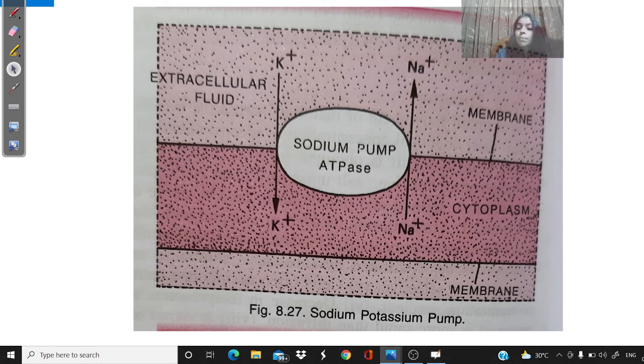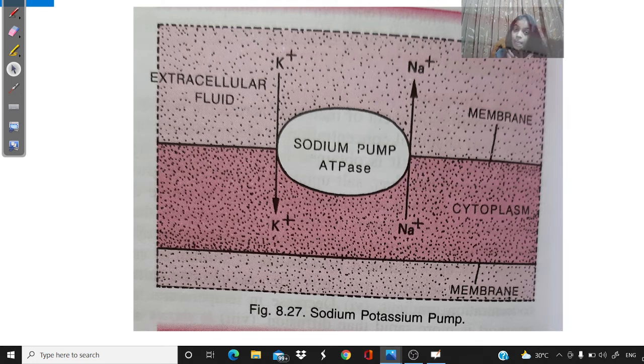Now, sodium is traveling in one direction, potassium in the opposite direction. If two substances are moving in opposite directions, that is called antiport.